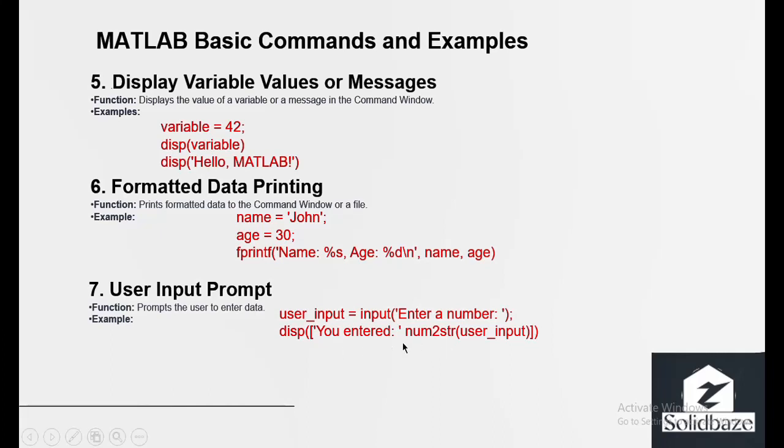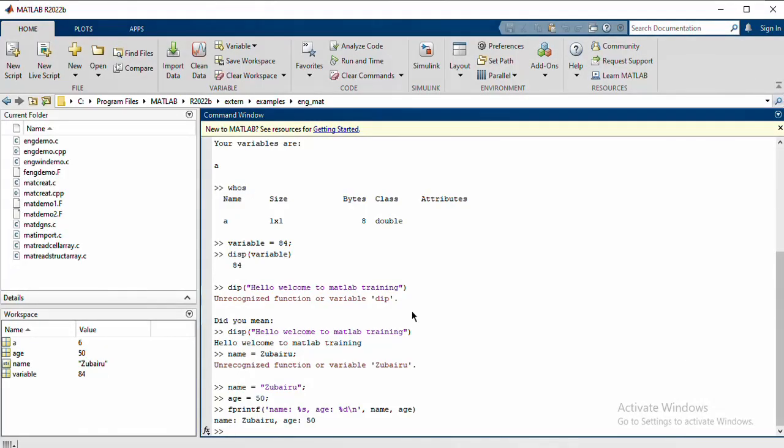This is a string, and this user input number has been converted to a string because we are prompting that you enter a number. So we're going to look at a typical example. Now I'll clear my workspace, it's looking unkept, so clear it.